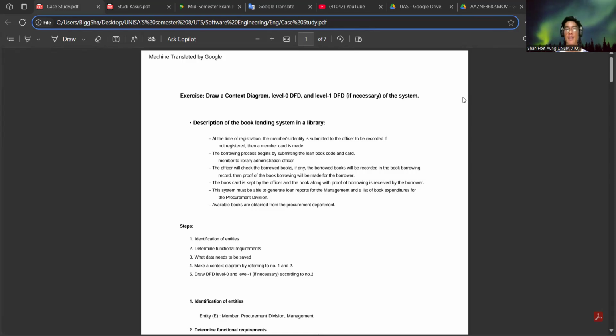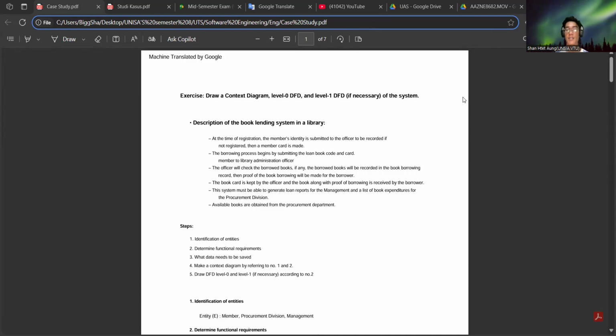So after that, the officer will check the borrowed books. If they have the borrowed book, which we will call the book borrowing record, then the approval of the book borrowing will be sent to the borrower. And after that, the book is kept at the officer, and the book along with the approval borrowing is received by the borrower.